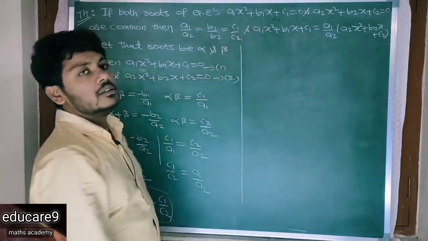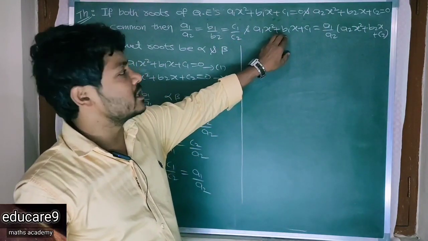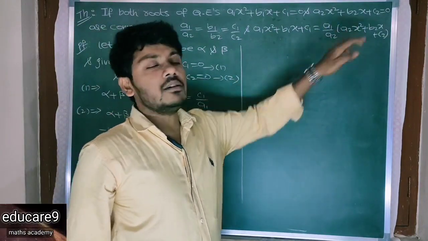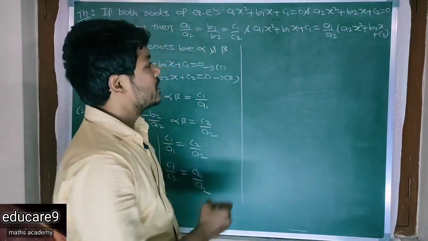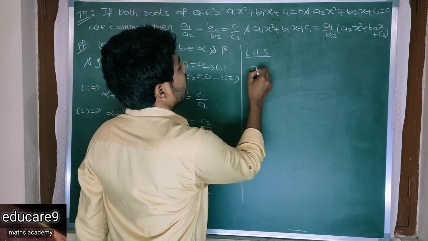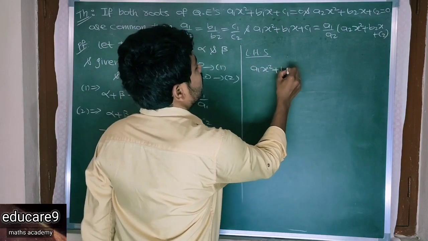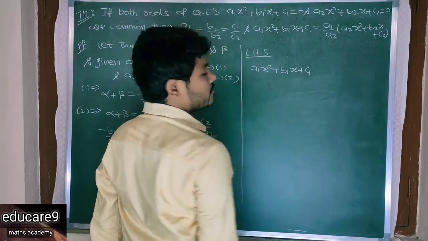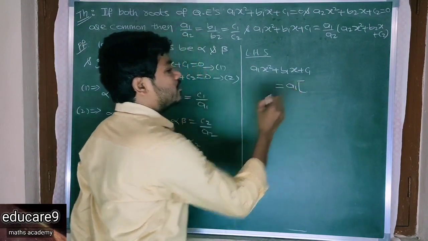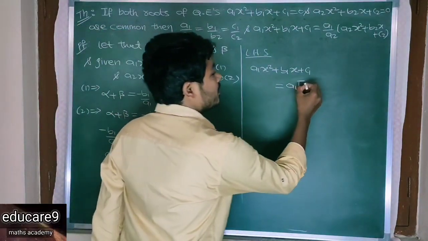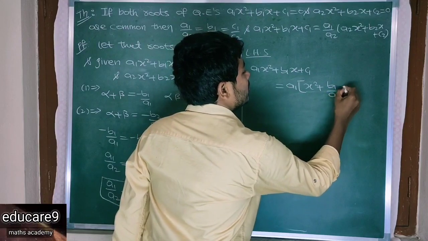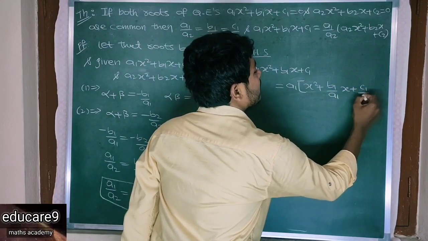And next one is what? We want to show that the first quadratic equation is a1 by a2 into the second quadratic equation. Now consider the LHS. What is the LHS here? a1x square plus b1x plus c1. This can be written as, taking a1 common, a1 into x square plus b1 by a1 x plus c1 by a1.